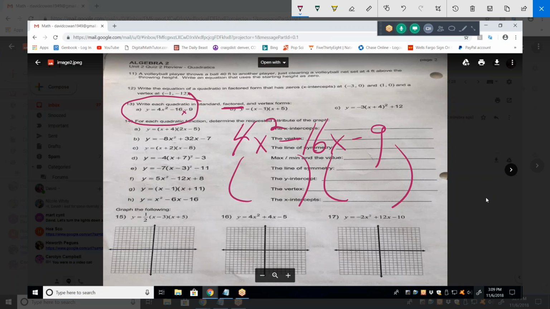How do I factor that? What's the first step in factoring it? Split up the x squareds.